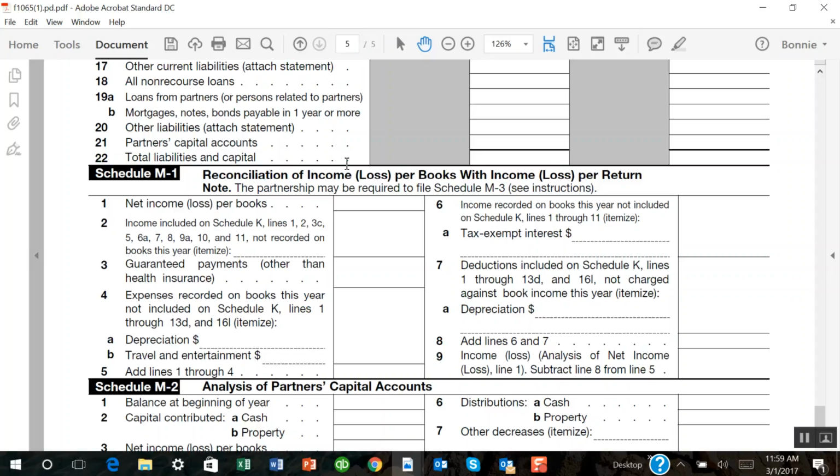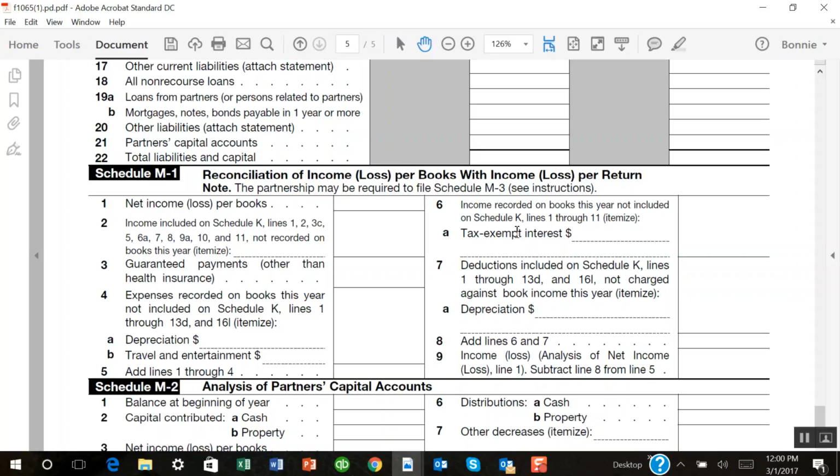Okay, so that's either a perm or a temp difference, or it could be income included on Schedule K but not recorded on the books, or income recorded on the books but not included on Schedule K.